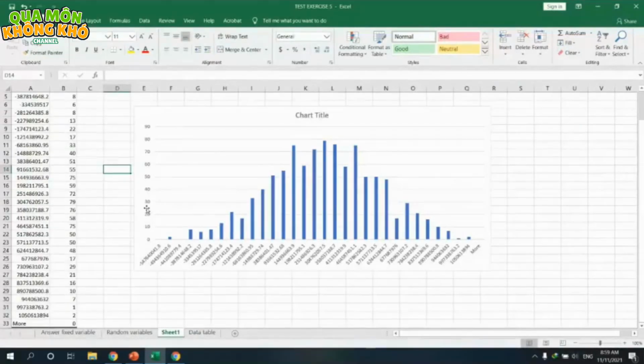Or you can use the formula just like the group presented. Okay, thank you.